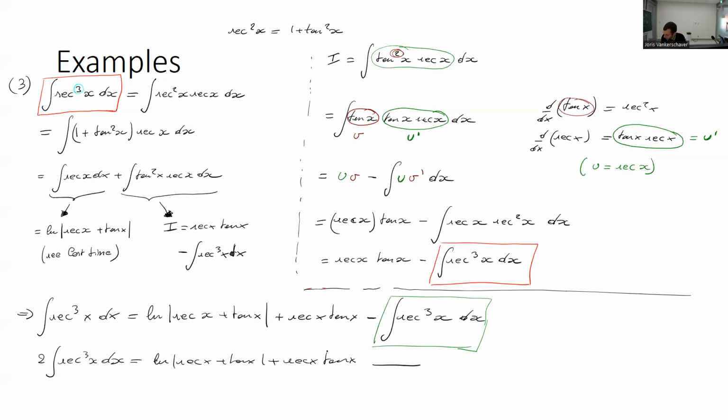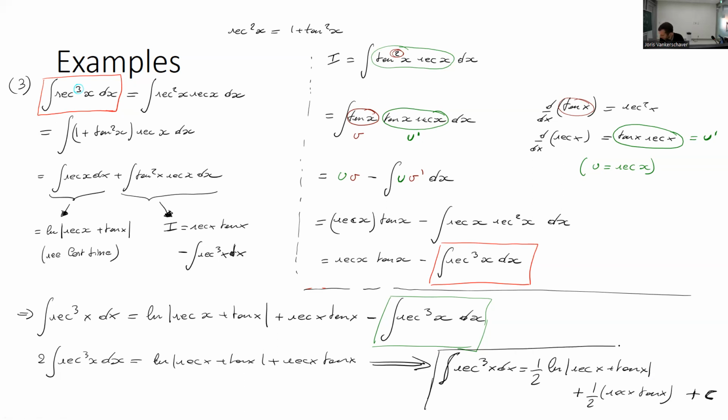And therefore, if I divide by 2, I get that the integral is equal to 1/2 ln absolute value of secant x plus tan x, plus 1/2 secant x times tan x plus a constant. And this is my final answer for the integral.